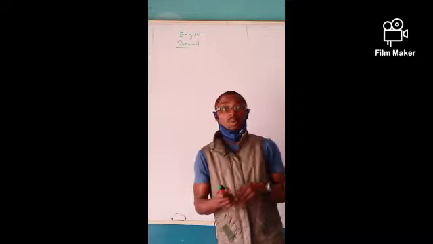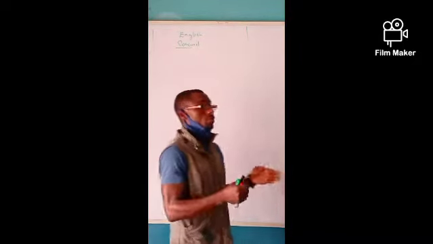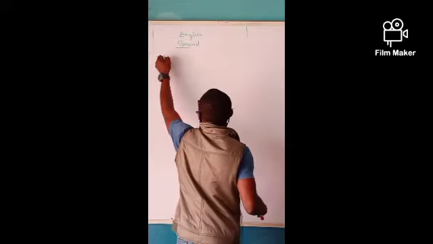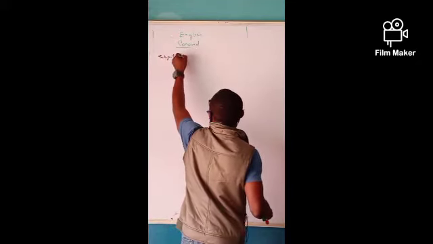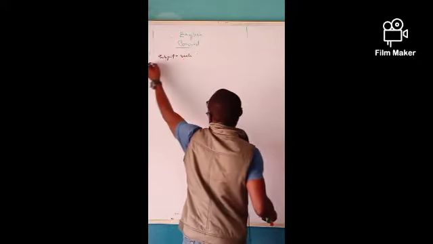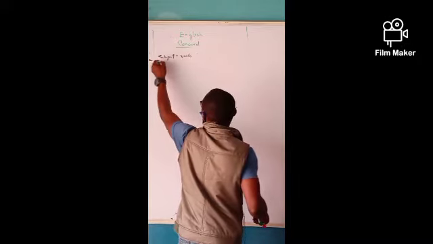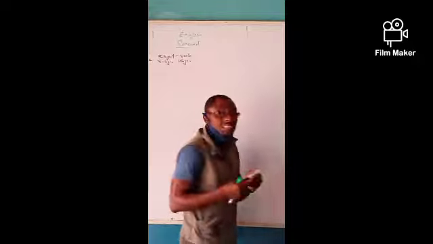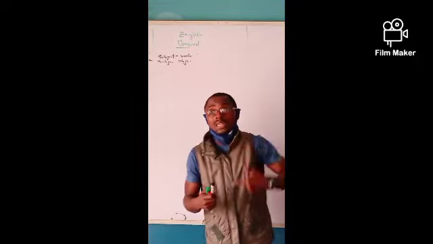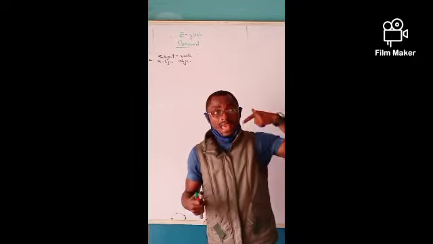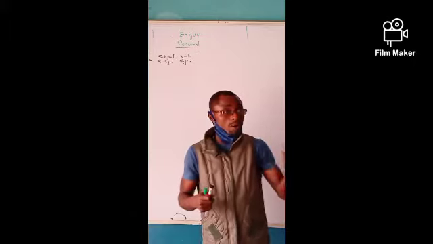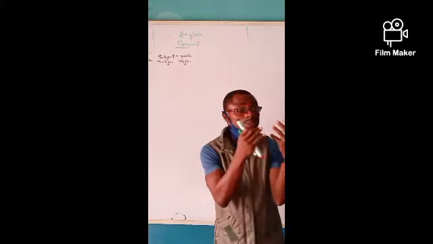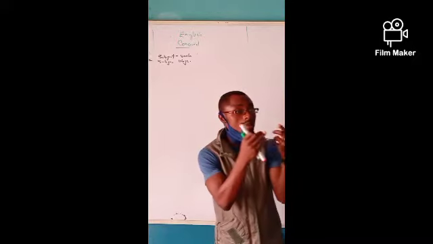Subject, object, concord. The first one was subject, verb, concord. The second one is subject, object, concord. Now, I said, whenever you see the word everybody, somebody, nobody, it's not specifying whether the person is a male or female.